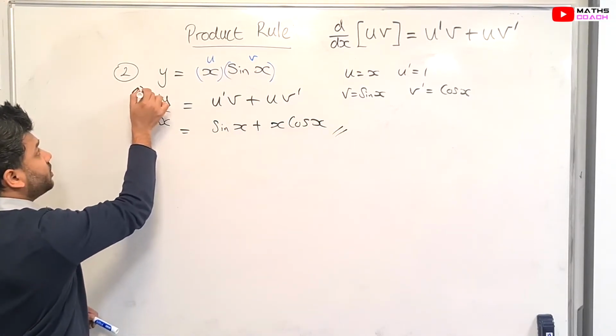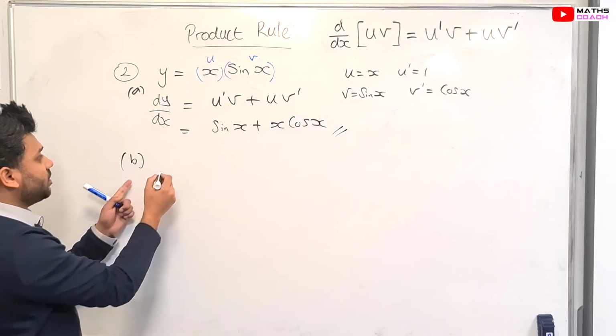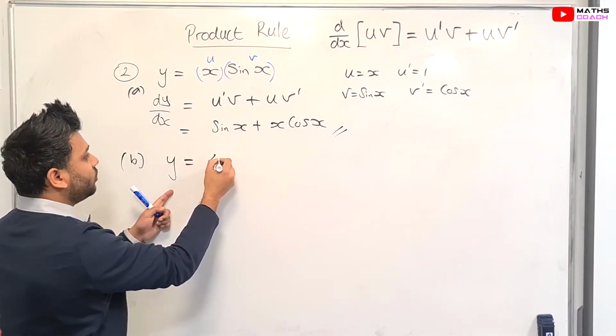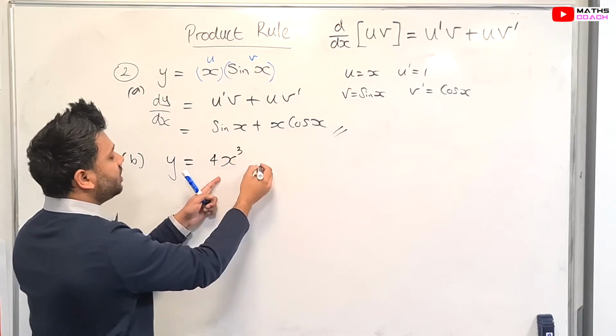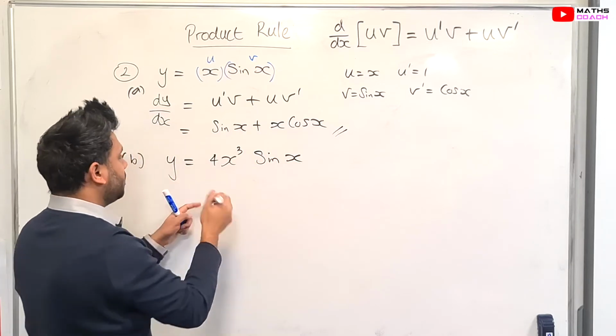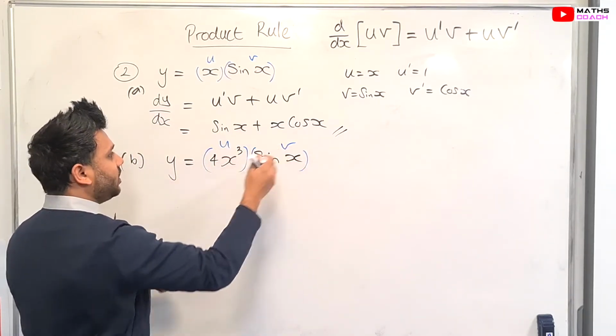So let's call this part A. Let's now look at a different variation of the same question. y equals, let's say, 4x to the power 3 times sine of x. So that's our u. This is our v.